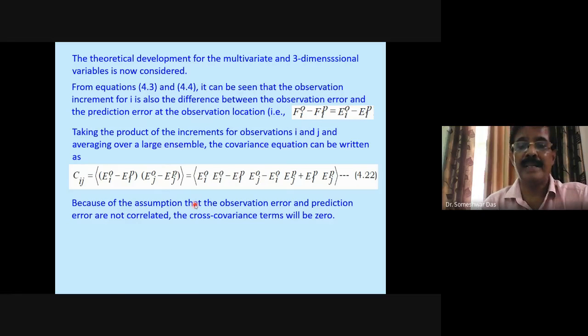Because of the assumption that the observation error and the prediction error are not correlated, the cross covariance terms will be 0.